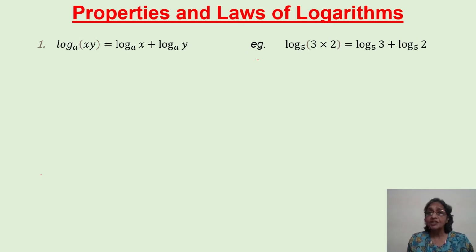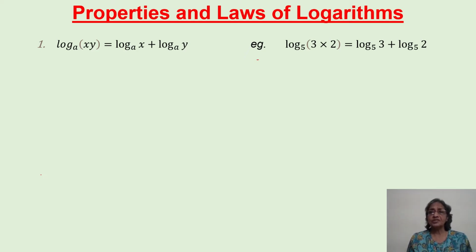The multiplication becomes a plus, just like how you open out brackets in algebra, except the difference is that instead of the multiplication, it becomes plus. I've taken an example here. Log of 3 multiplied by 2 to the base 5.